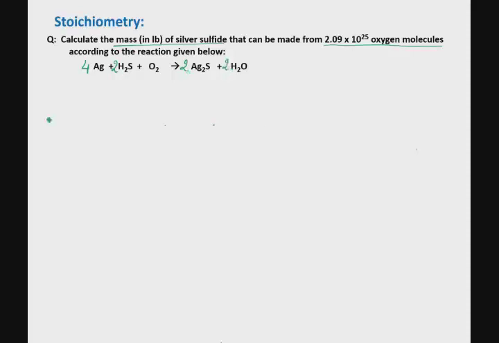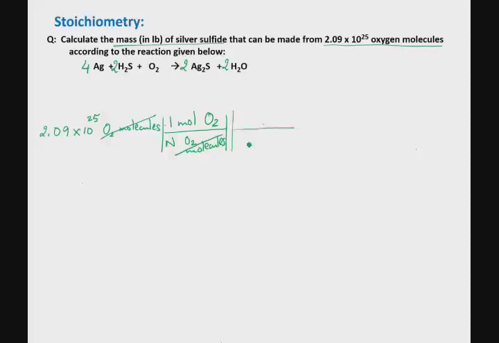Okay, so now if you set this problem up, we start with the data that needs to be converted. That is the number of oxygen molecules. So oxygen molecules can be converted into moles of oxygen using Avogadro's number. Moles of oxygen can be converted into moles of silver sulfide using the coefficients in the balanced reaction equation.